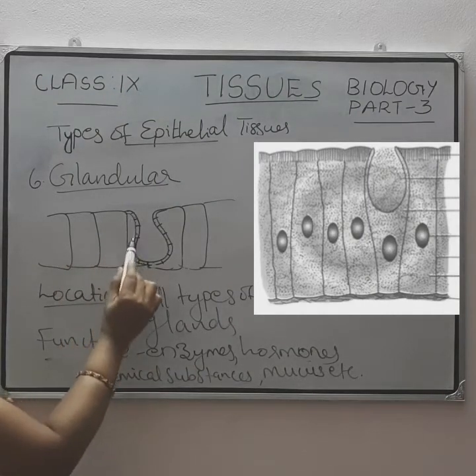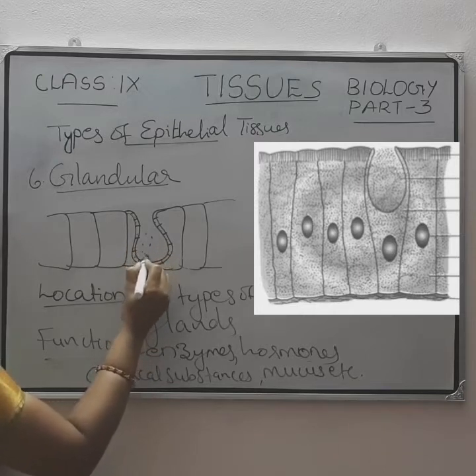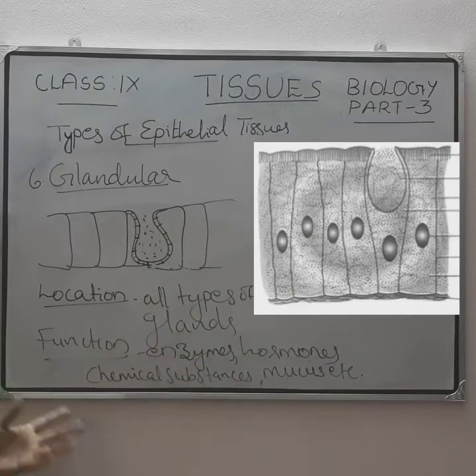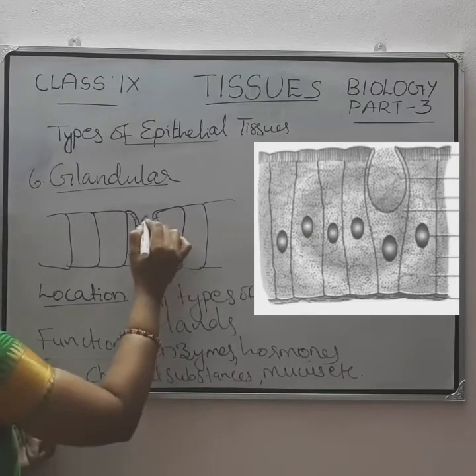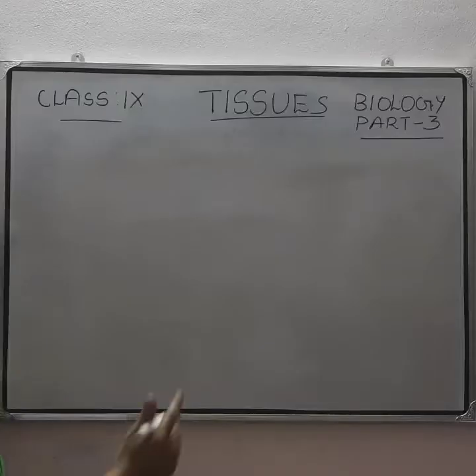A portion of the epithelial tissue folds inwards and forms a gland. This gland secretes hormones, enzymes, chemical substances or mucus, etc. This type of tissue is known as glandular epithelia.